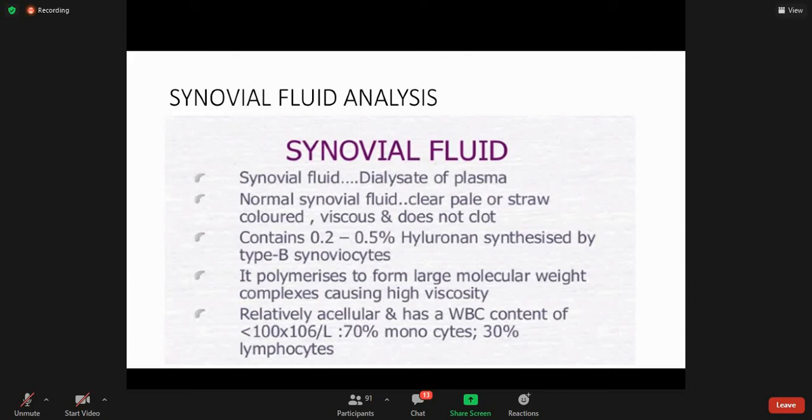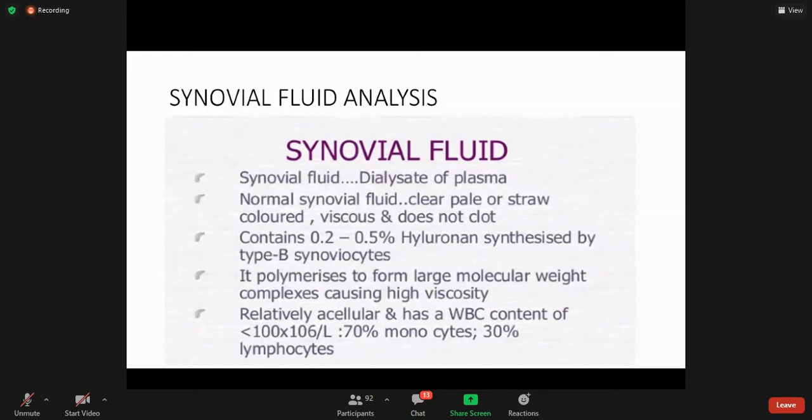So what is dialysis? Normal dialysis retains the proteins and only allows the small molecules and ions to pass through it. So actually it's an ultrafiltrate of the plasma. Normally it does not have the larger macromolecules found in the blood.